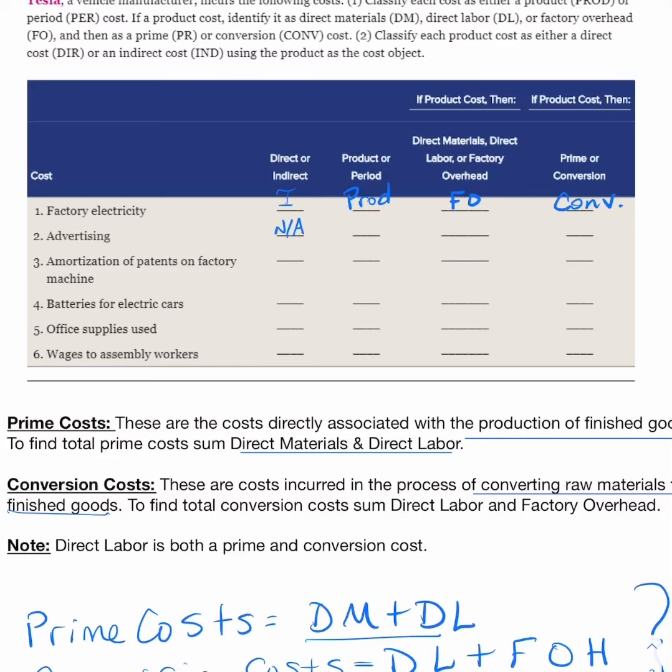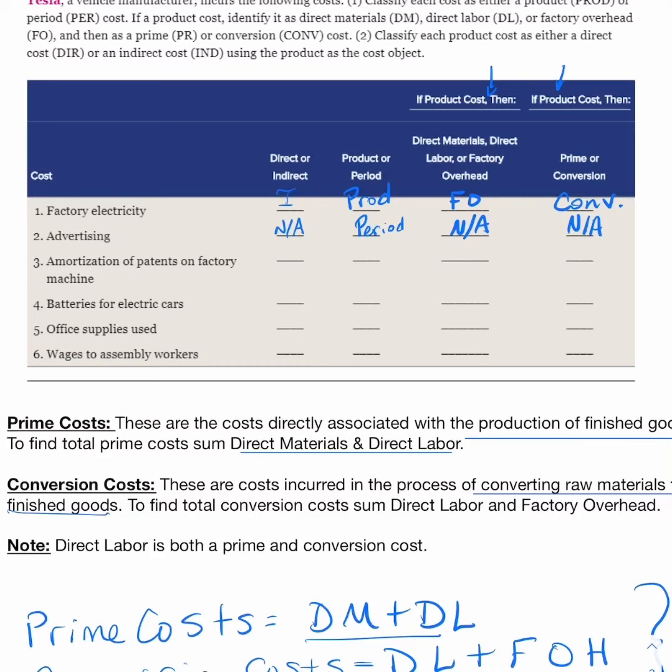So in this case, it is a period cost. It's that advertising. So we have a period cost. And because these two columns only apply if it's a product cost, then you have these two items being NAs. And so that brings you through now to this next question.